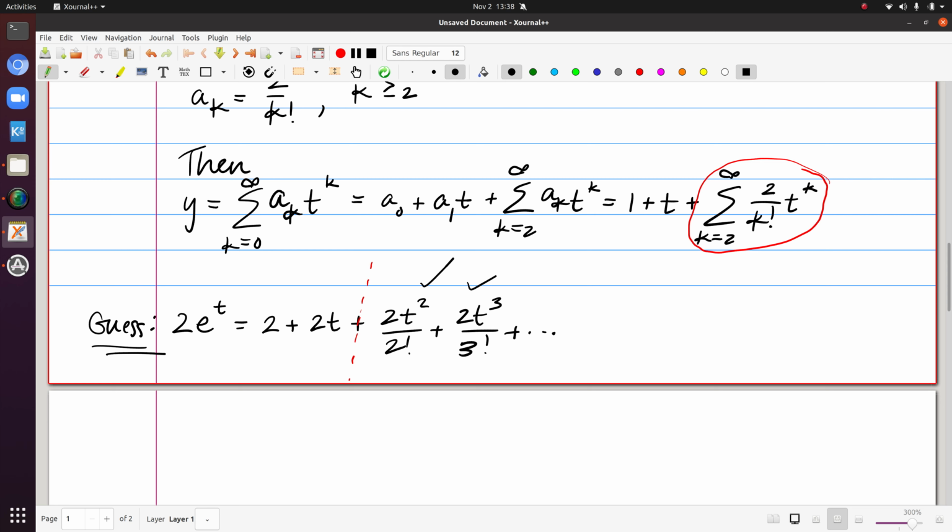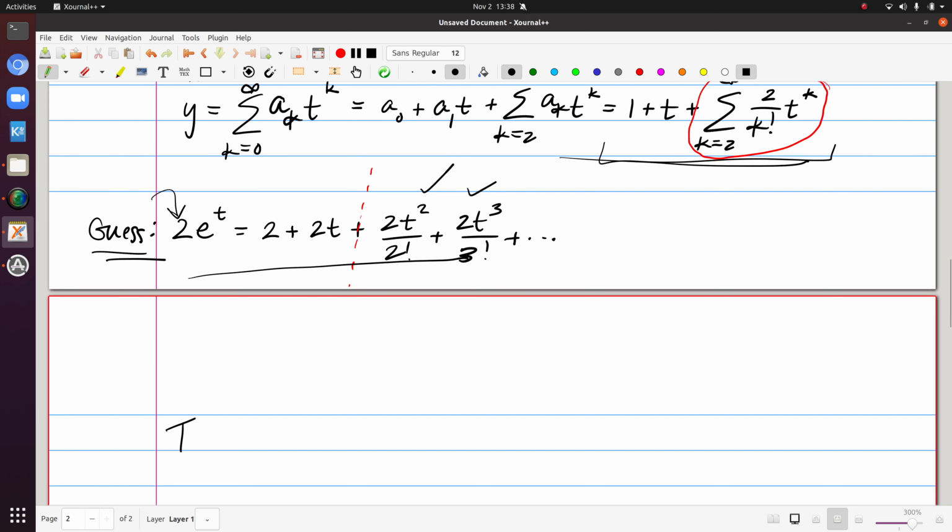So if I wanted to go from this guess to what I have here, notice that my current guess is a little too large. It's got a 2 and a 2t, where I want a 1 and a 1t. So what I can do is then subtract 1 and subtract t to take it from here to what this is.